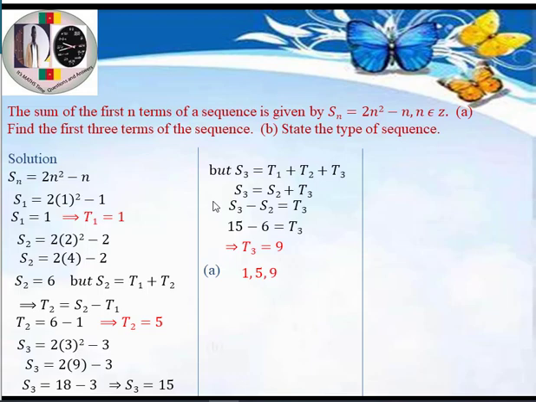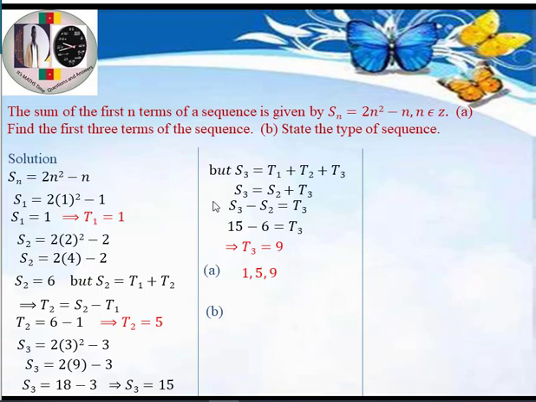Now using these first three terms we need to state the type of sequence that we have. As we said earlier, we can have two types of sequence. We can either have a geometric sequence or an arithmetic progression sequence.